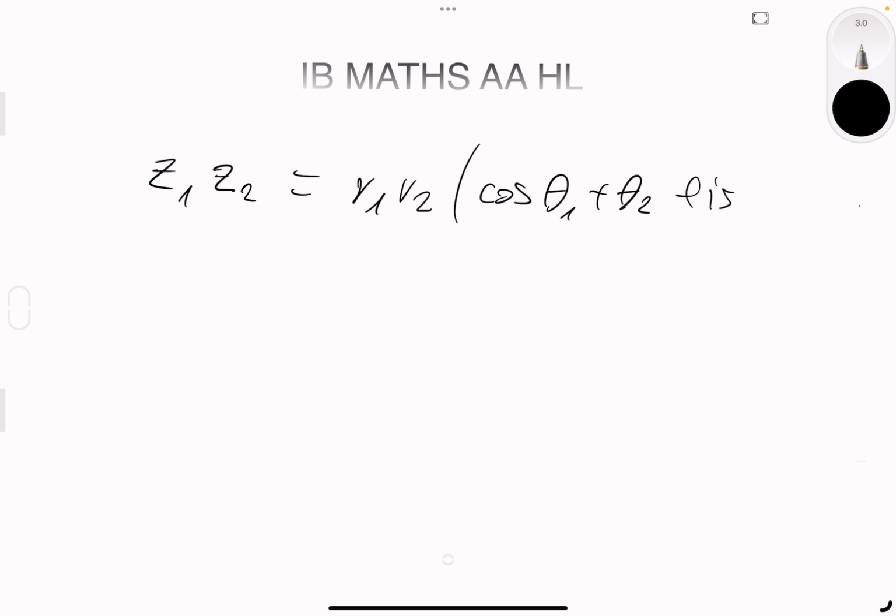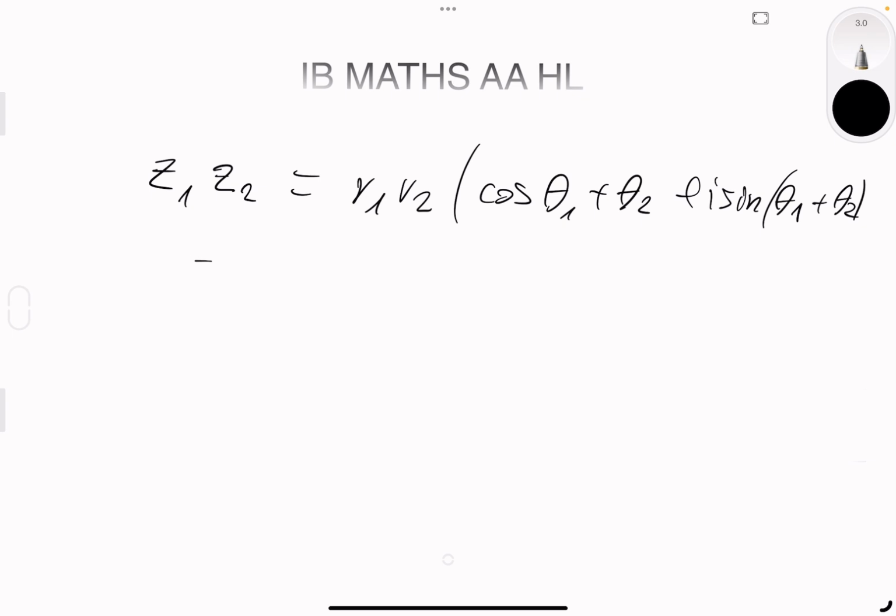You should also know that when multiplying complex numbers, so let's say z1 times z2, it is equal to r1 times r2 in the modulus argument form, times cos of theta 1 plus theta 2. So it's not a multiplication of the angles, it's theta 1 plus theta 2, and this goes the same way for i sine of theta 1 plus theta 2.